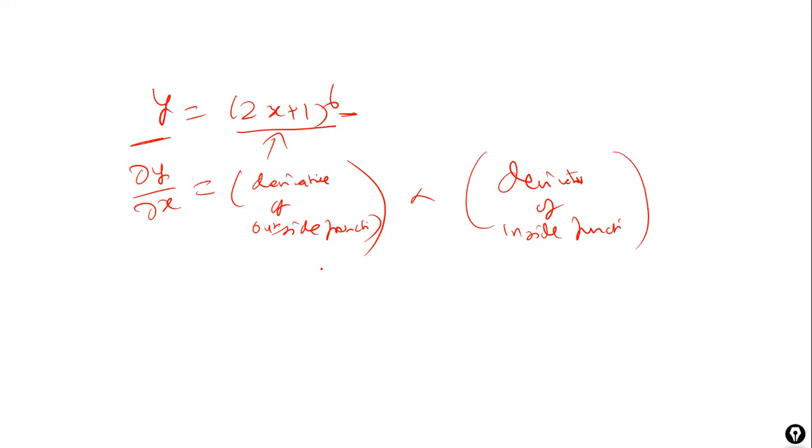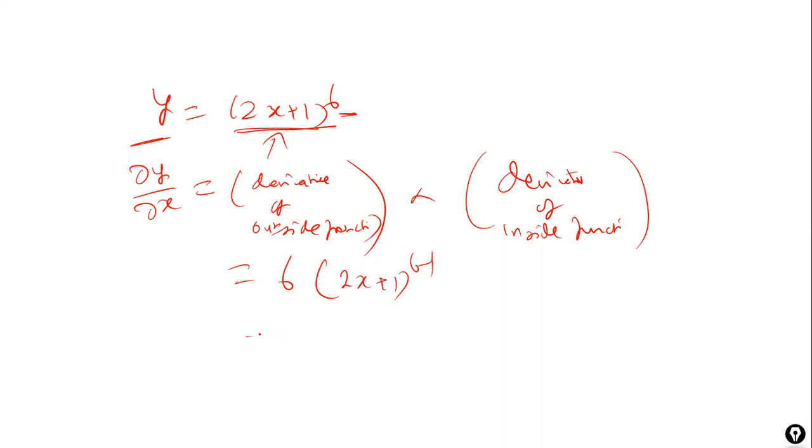So what is the derivative here? This is the inside function, 2x plus 1. For the outside function, you need to bring the power 6 to the front: 6 into (2x plus 1) to the power 6 minus 1.